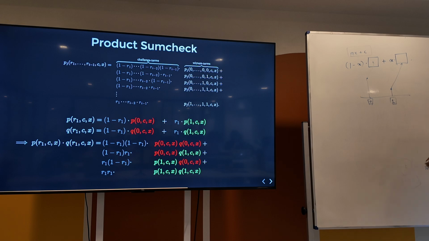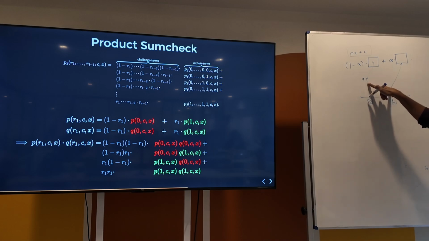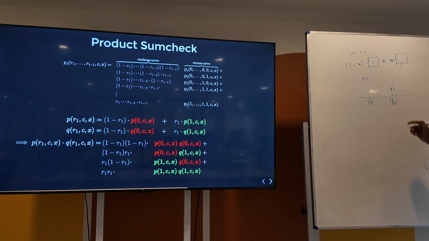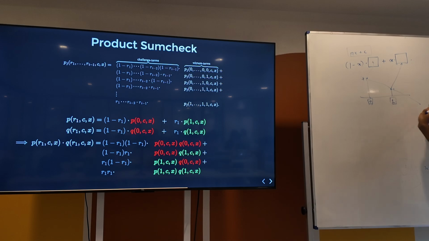The other way to say it is, let's say you have two numbers, 4 and 1. If you want to represent these two in the form of a polynomial, there are tons of ways, right? You can draw one straight line that passes through both of them. You can also do higher degree extensions. What we are interested in is the straight line that passes through both, and the simplest form to represent this is this.